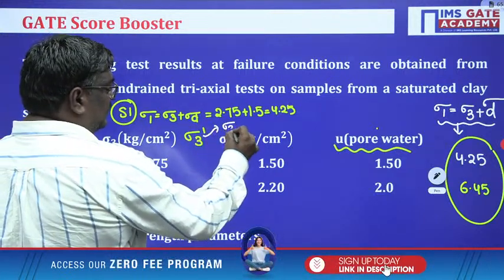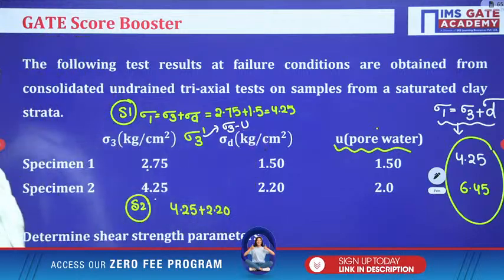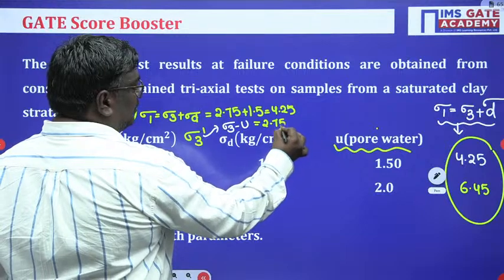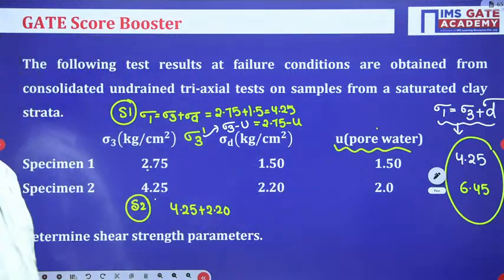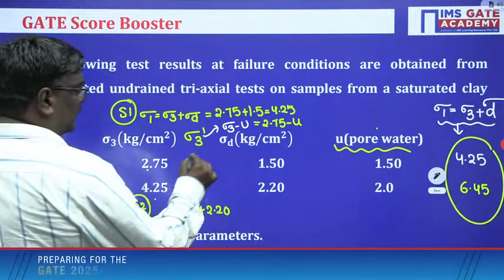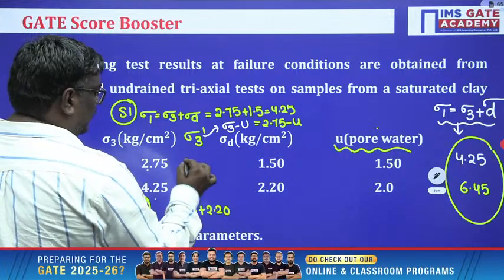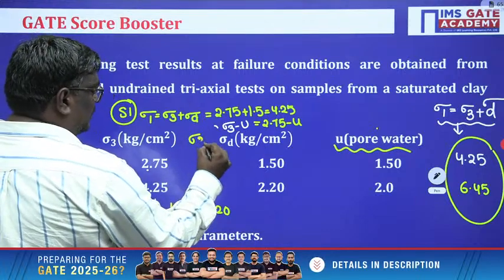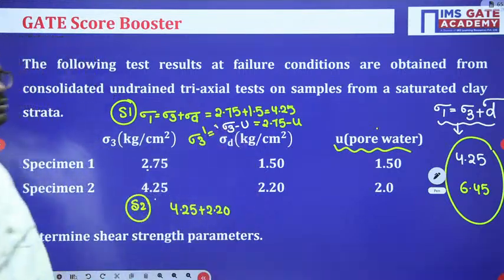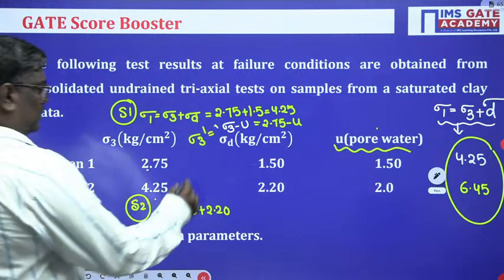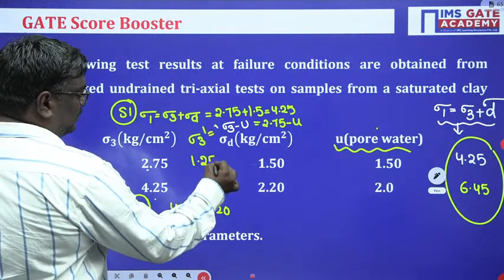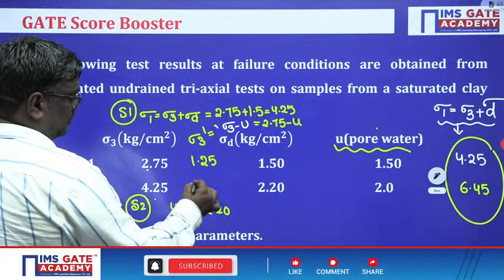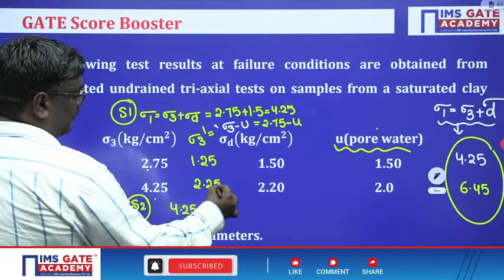So sigma 3 dash is equal to sigma 3 minus u, 2.75 minus 1.5, so this will be 1.25. And for the second specimen, 4.25 minus 2, this will be equal to 2.25.